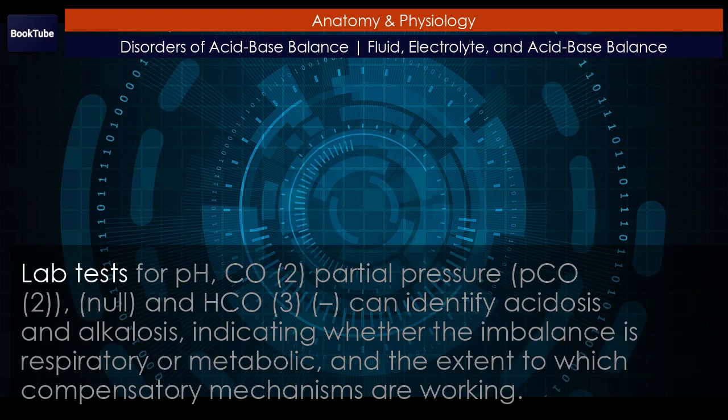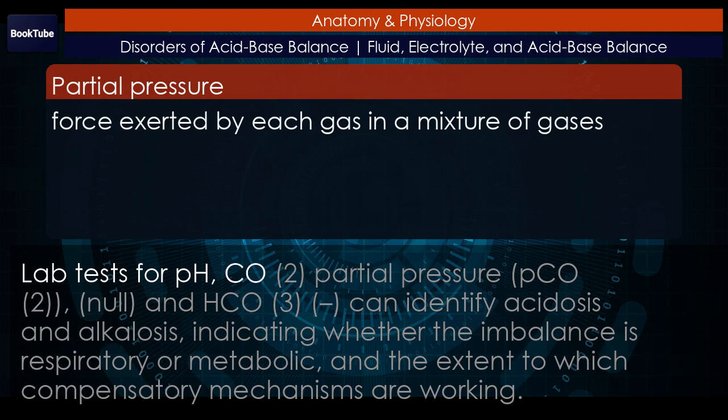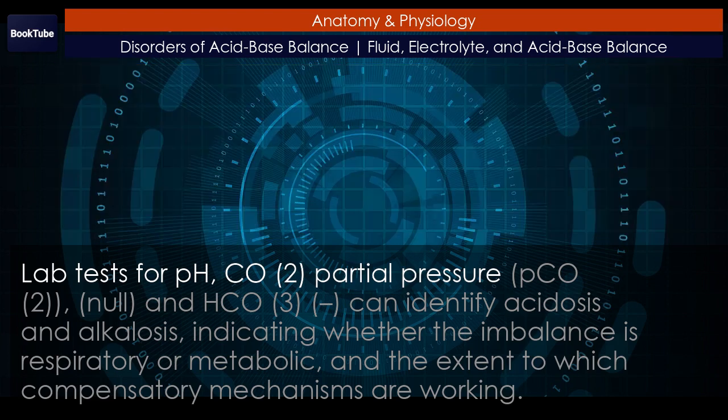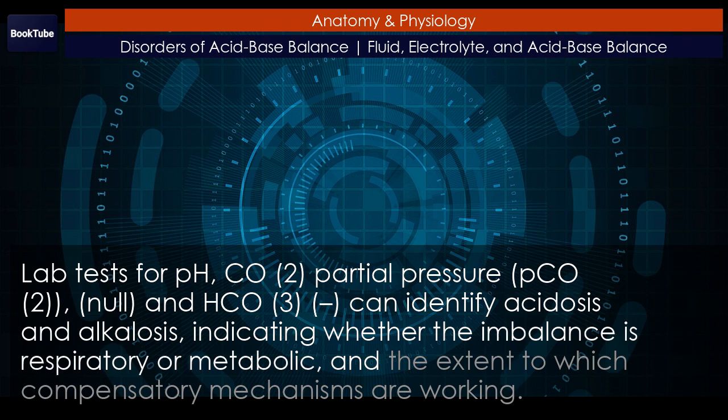Diagnosing acidosis and alkalosis. Lab tests for pH, CO2 partial pressure (PCO2), and HCO3- can identify acidosis and alkalosis, indicating whether the imbalance is respiratory or metabolic, and the extent to which compensatory mechanisms are working.